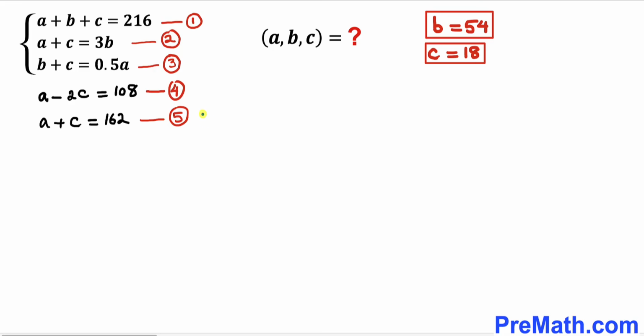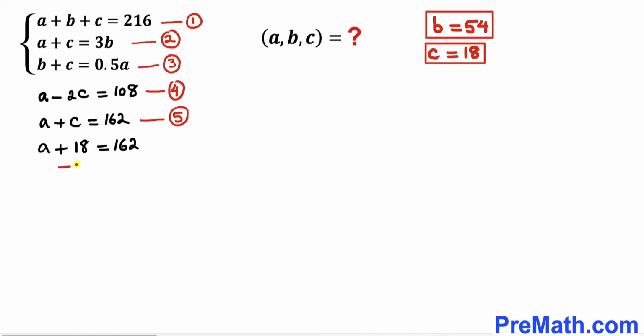And here's our final step. Let's focus on equation 5. Here we can see our c value is 18, so I'm going to replace c with 18 over here. So equation 5 becomes a plus 18 equals 162.